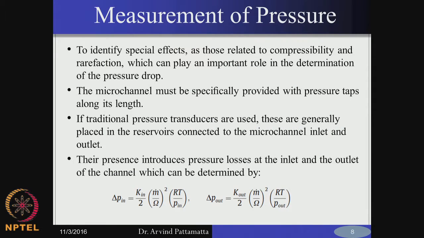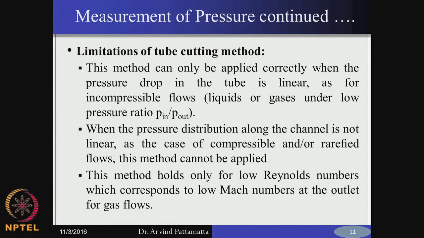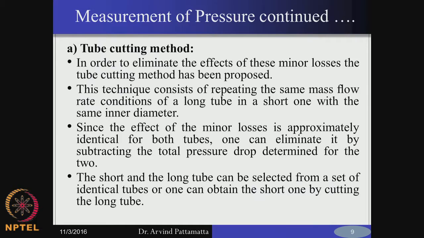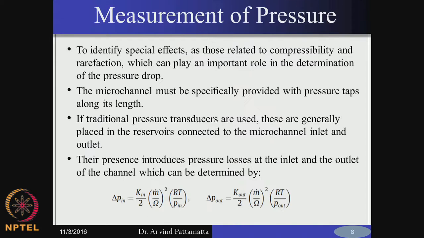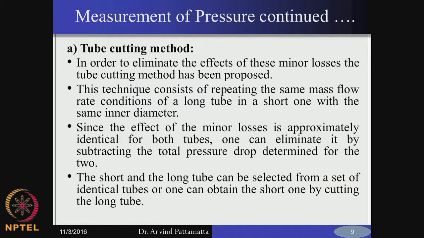Of course, when we are talking about pressure measurement, we are generally talking about pressure drop here. Okay. It is not just the absolute pressure that we are interested in. For any microchannel we are always interested in the pressure drop across it, and the good thing is these pressure drop values are not very small like the value of the dimension itself.